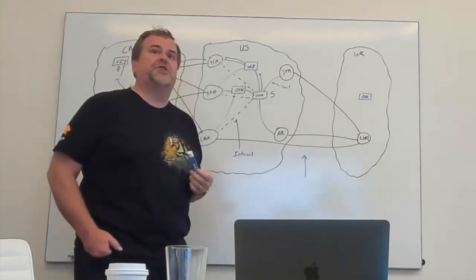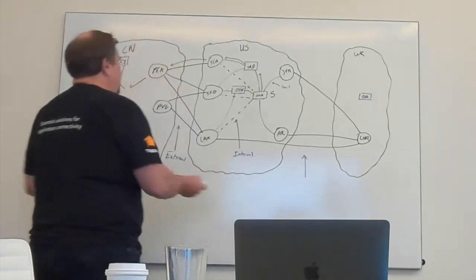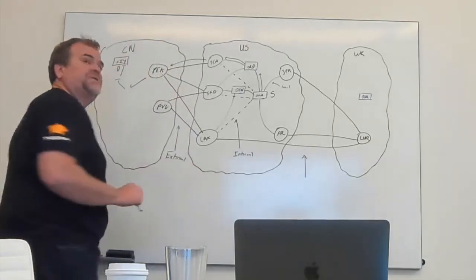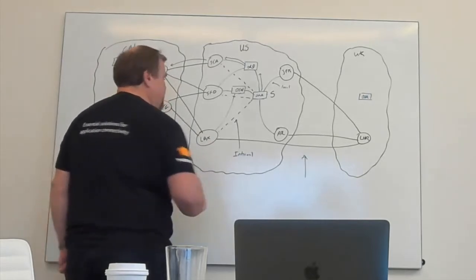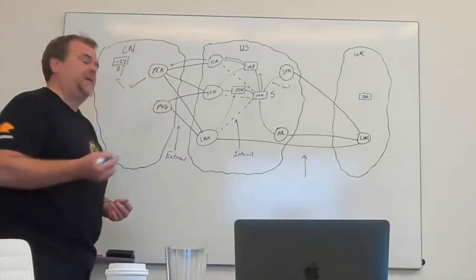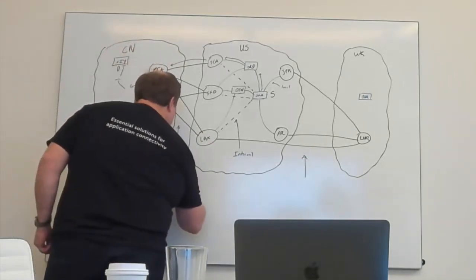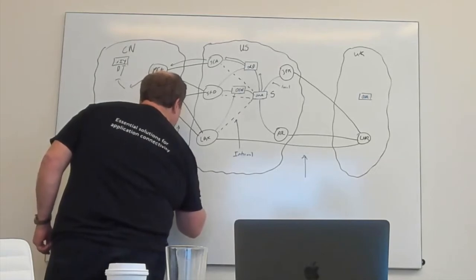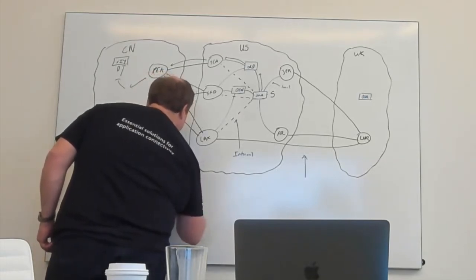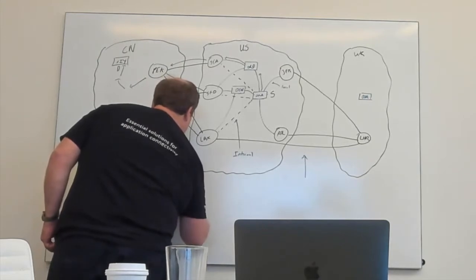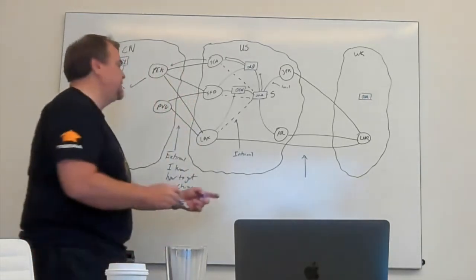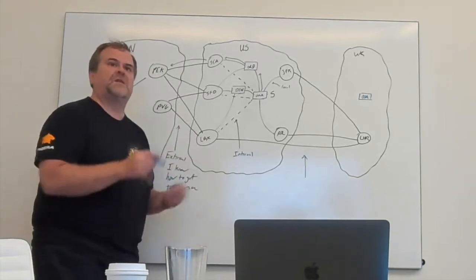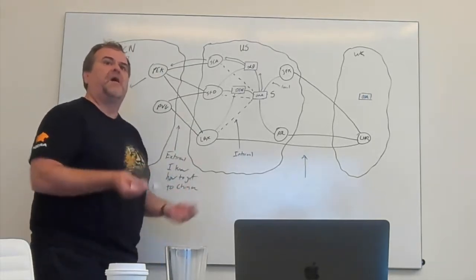I know how to get to China. So on these routes, the gateway sets something called next hop. It says, I know how to get to China. Send all traffic to China to me. Send all letters going to China to me. I'll get it there.